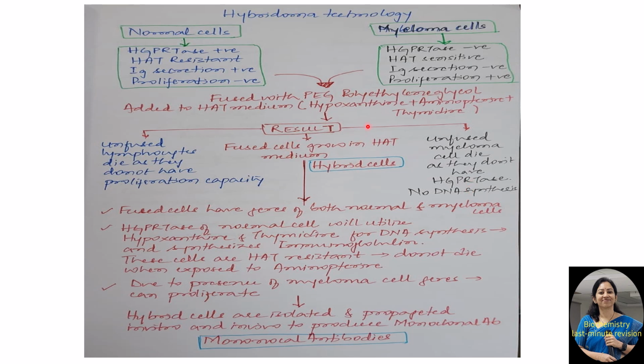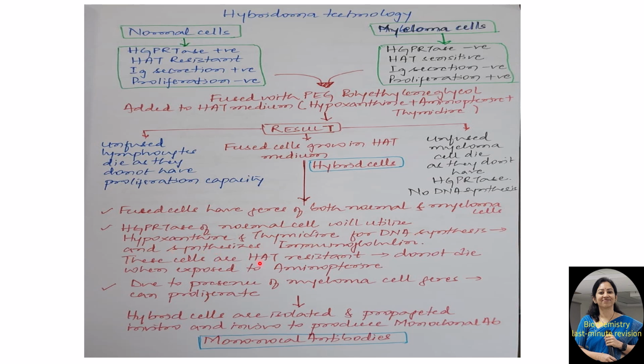will be able to grow in the HAT medium, and these few cells are known as hybrid cells. Why do these hybrid cells have the capacity to grow in HAT medium? Because now these few cells have genes of both the normal and the myeloma cells. So they possess the HGPRTase activity of the normal cells, and they utilize hypoxanthine and thymidine, which are present in the HAT medium, for DNA synthesis, and they are able to synthesize immunoglobulins.